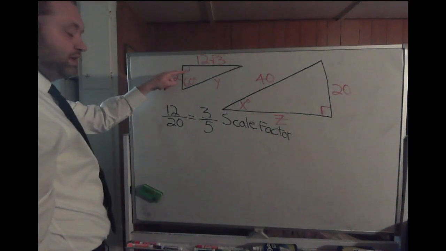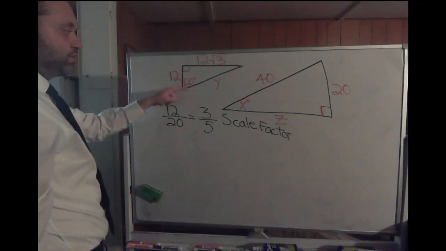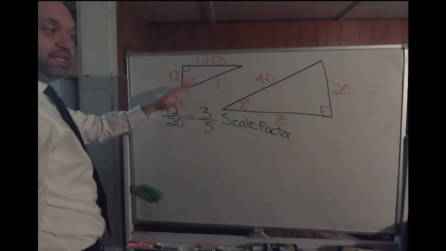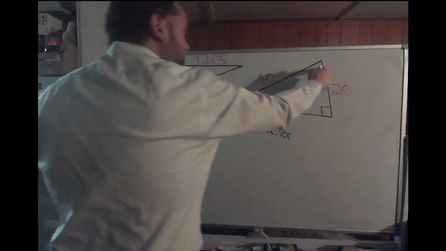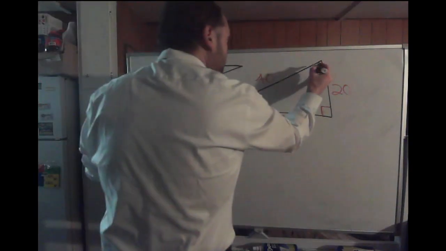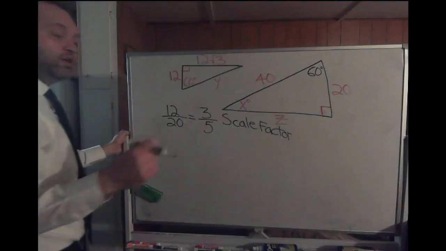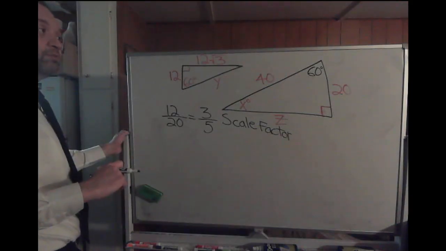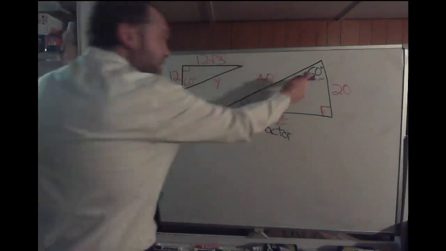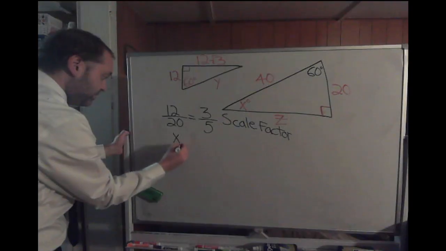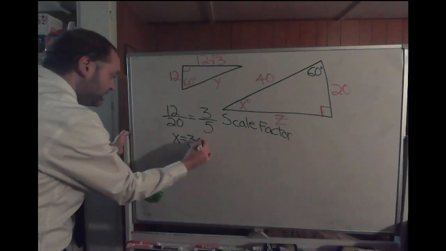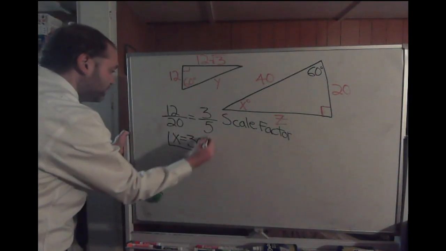So on the left one, south of the 90-degree angle, we have 60 degrees, which means since they're flipped, the 60-degree angle would actually have to be up here since they're flipped. And we know that the acute angles of a right triangle are complementary. So 90 minus 60 means x equals 30. So x would be 30 degrees, okay?